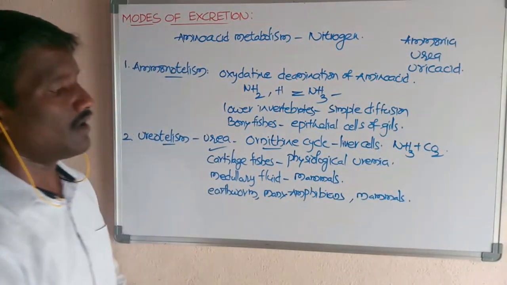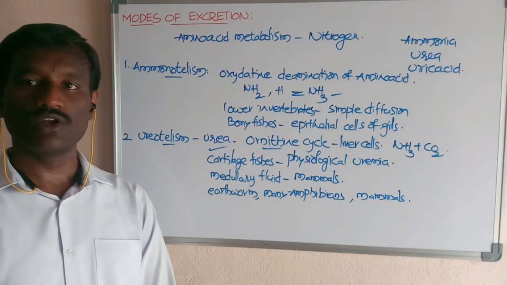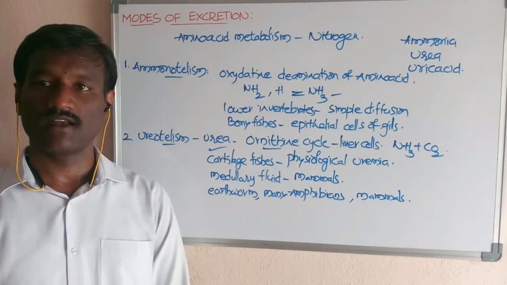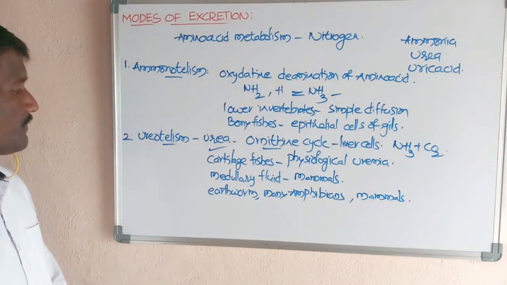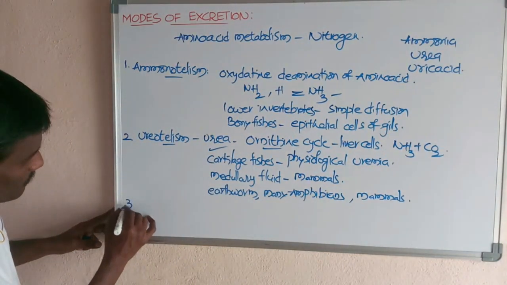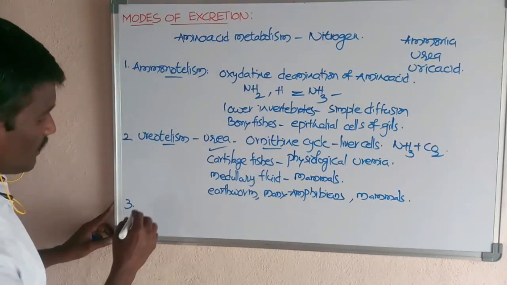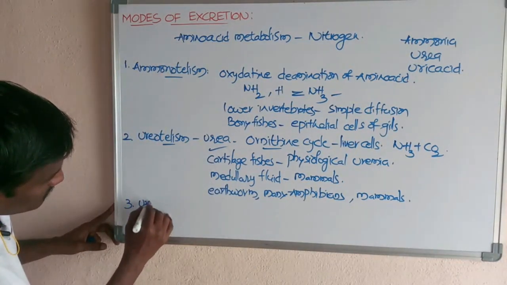Mammals are also examples of ureotelic animals, which excrete urea.